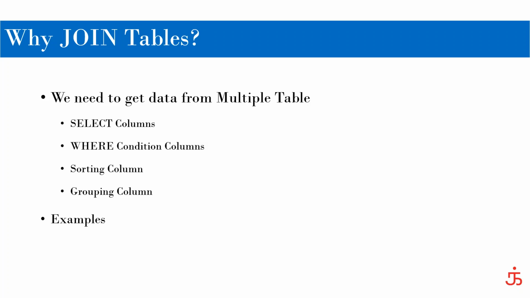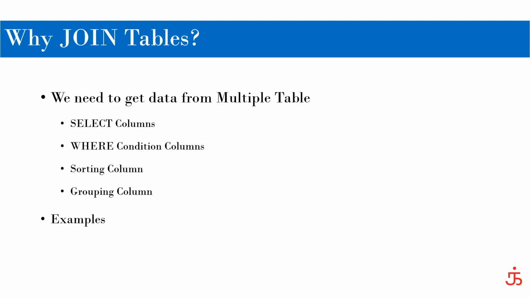For example, if I want to find the restaurant location wise total ordered amount, total sales, the location is available in the restaurant table, whereas the order amount or quantity information is available in the order item table. So totally two different tables. We need this information because only then will we be able to relate it and get much more meaningful insight.